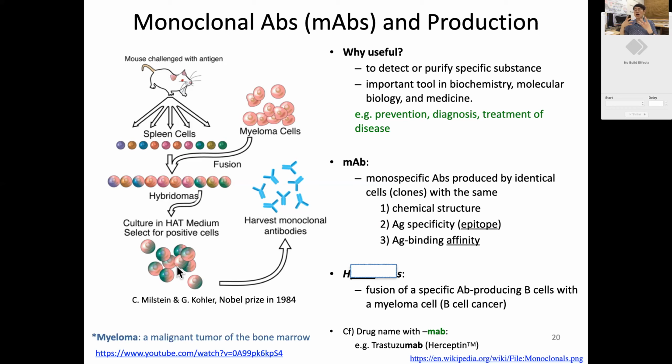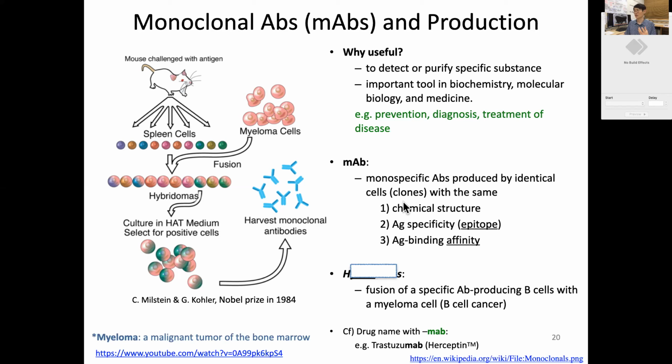So you can have a lot of the same cell clones, and this will produce exactly the same antibody, or monoclonal antibody. And that monoclonal antibody, we write it as mAbs, and these are monospecific antibodies produced by identical cells, because these cells are now clones from the cancer characteristic.